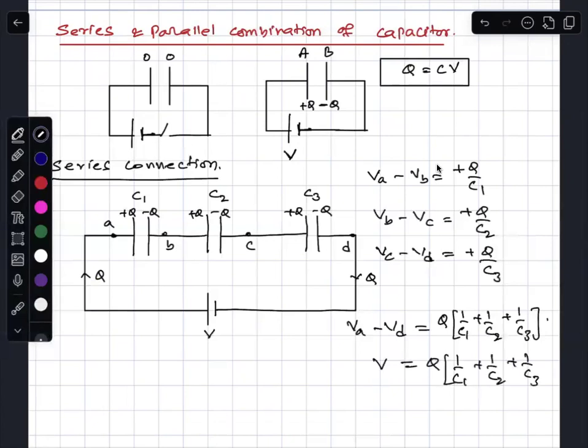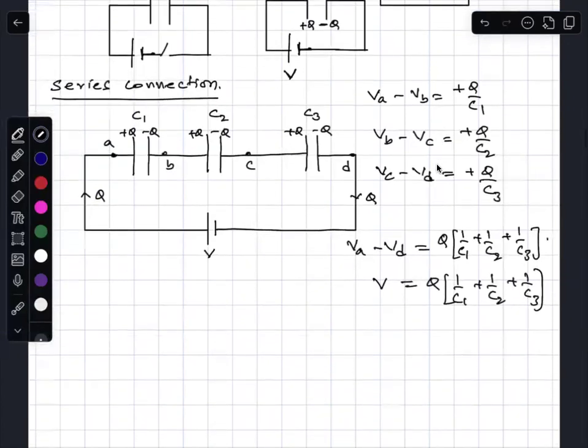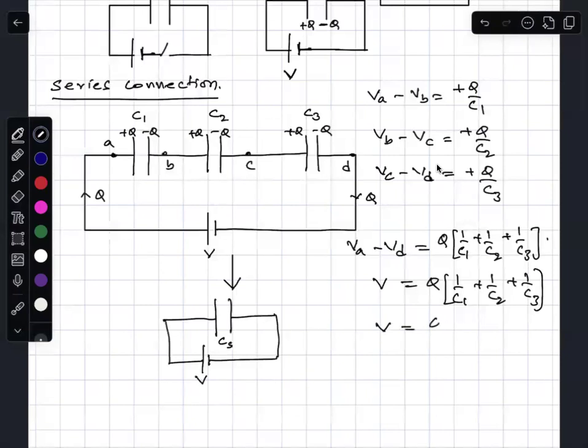Suppose the entire arrangement is replaced with one single capacitor whose capacitance is CS and whose EMF is V. I would have written V as simply Q by CS.